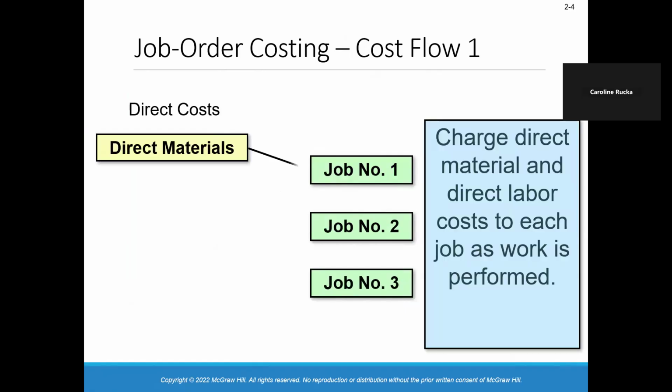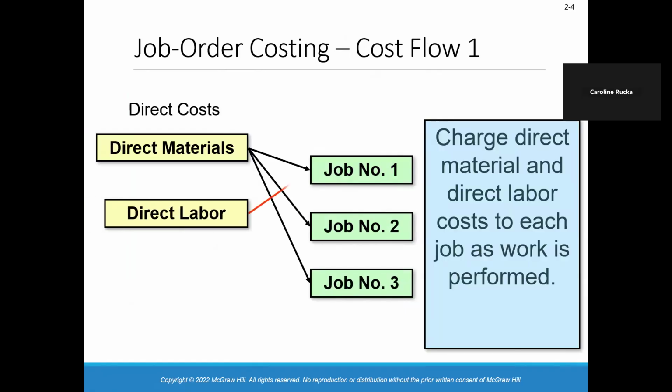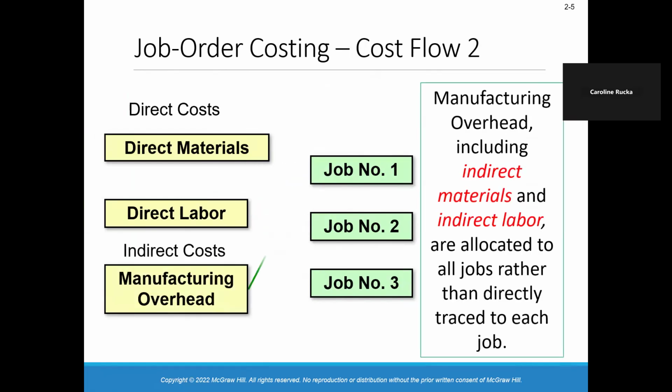Okay. So we are going to be able to trace our direct materials to each job. Same thing with direct labor. Then our manufacturing overhead, we are going to spread it over all the jobs, and we call that spreading allocation.